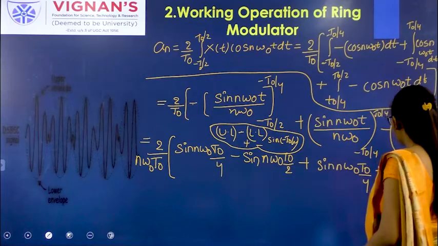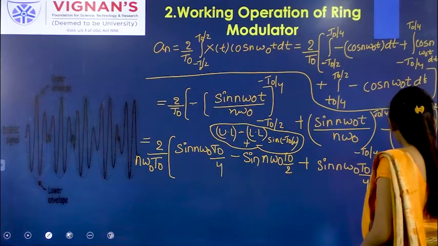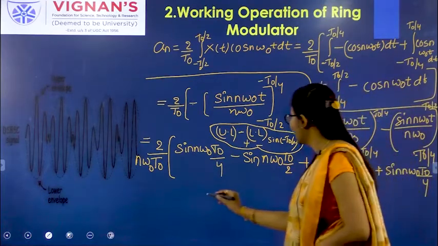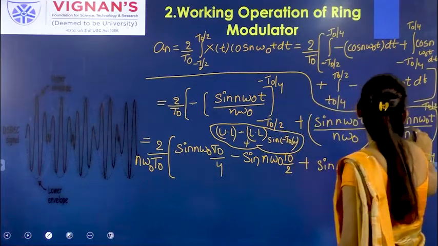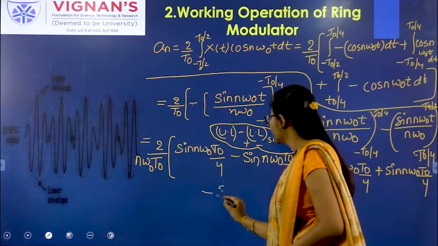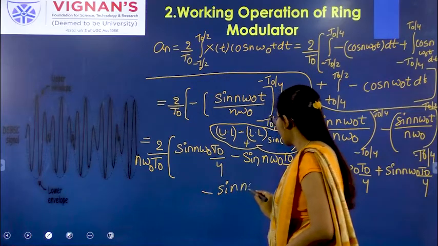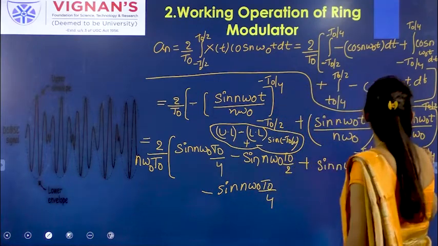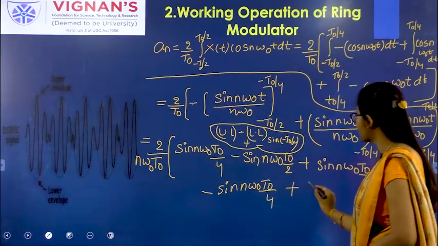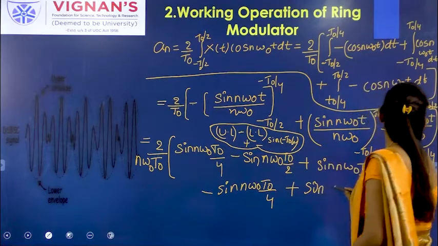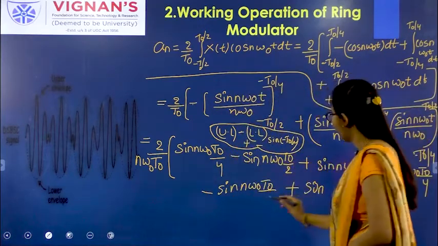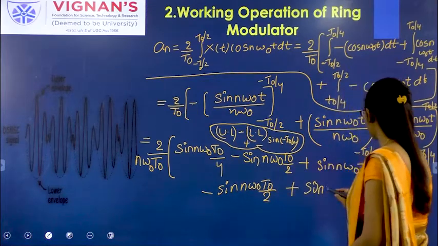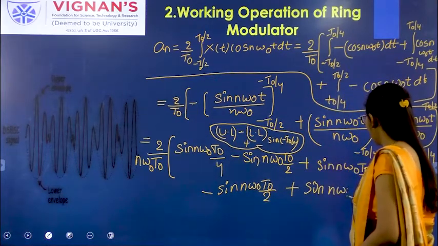So again plus, here you will get plus sin n omega naught T naught by 4, and finally here minus sin n omega naught T naught by 4, and minus of minus plus, you will get. Upper limit is T naught by 2. So here 2 sin, minus sin n omega naught T naught by 2 plus sin n omega naught T naught by 4.